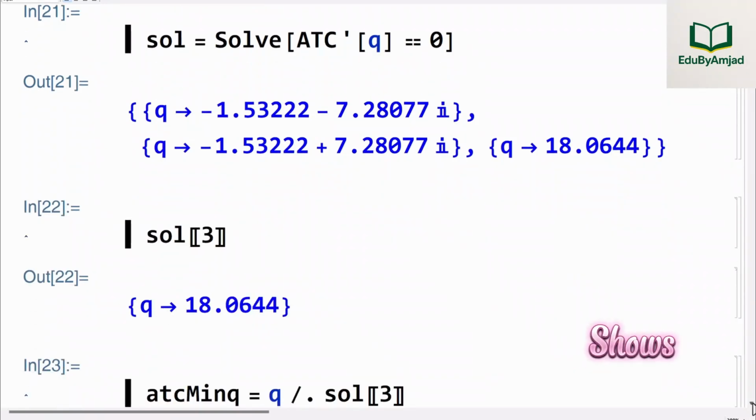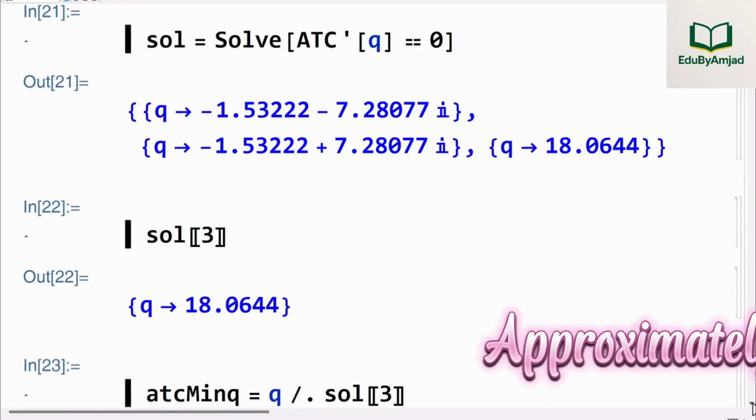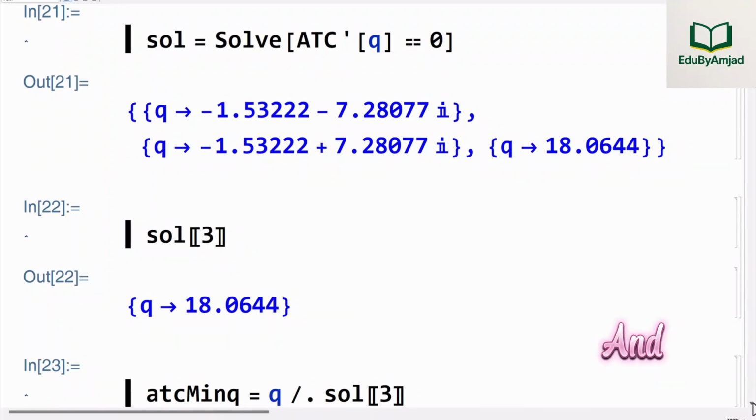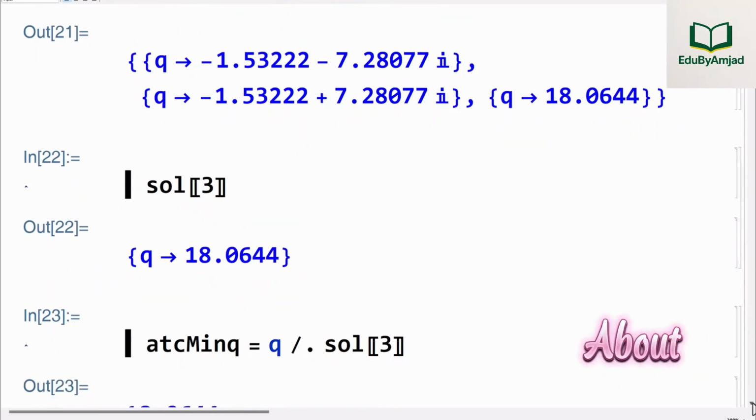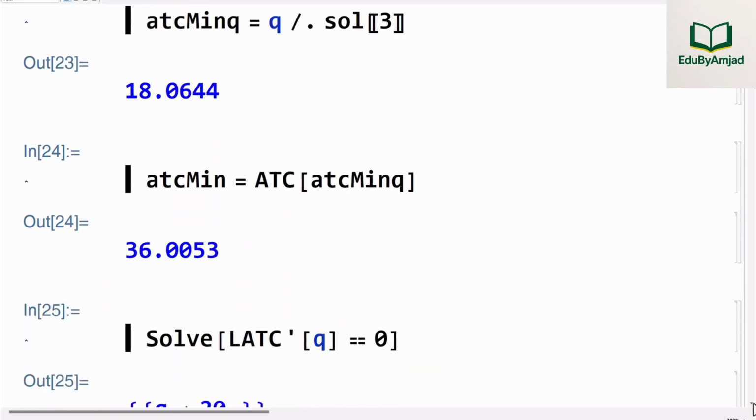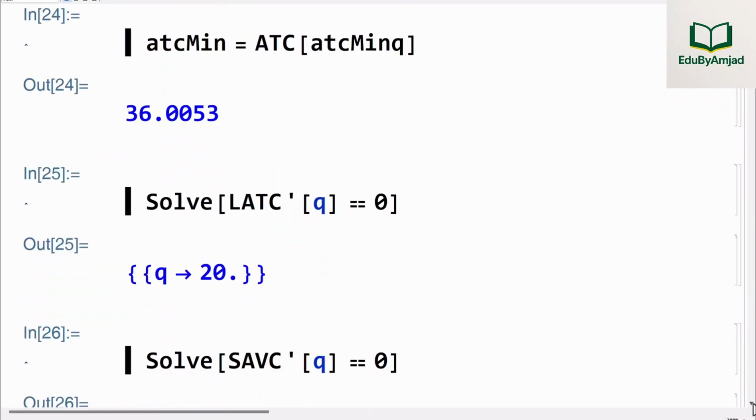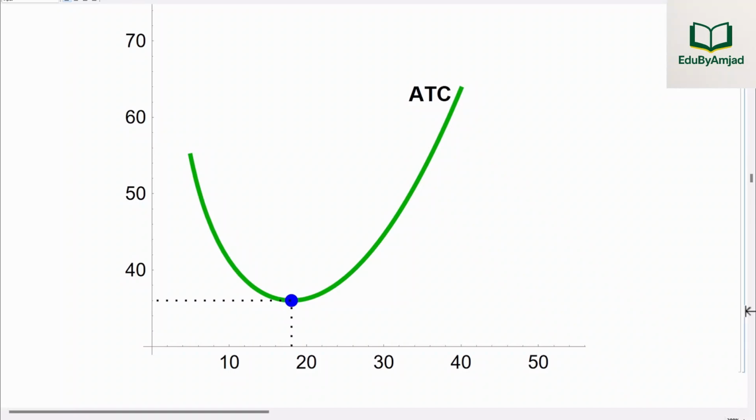Solving this condition shows that the minimum ATC occurs at an output level of approximately 18.06 units, and the minimum value of ATC is about 36 units of currency. This minimum point is marked by the blue dot on the graph.